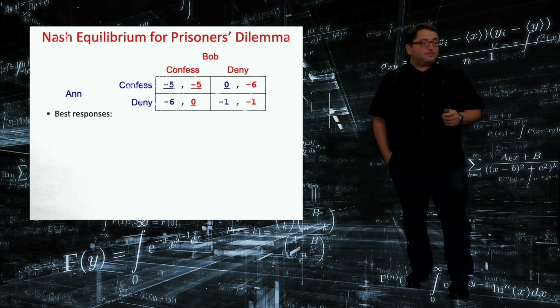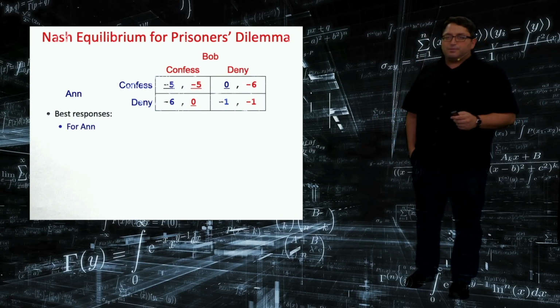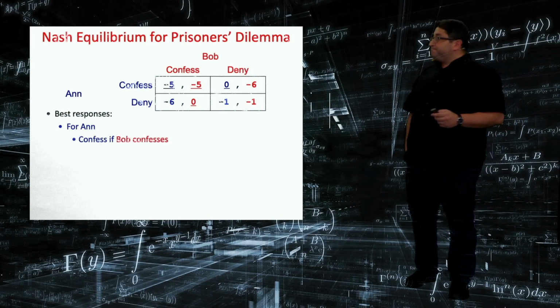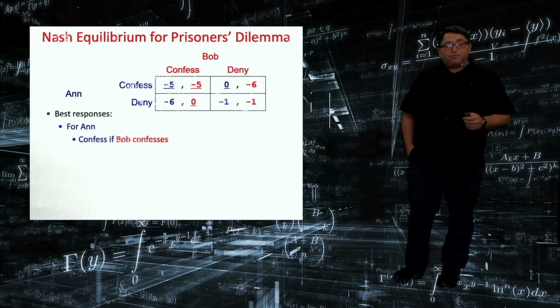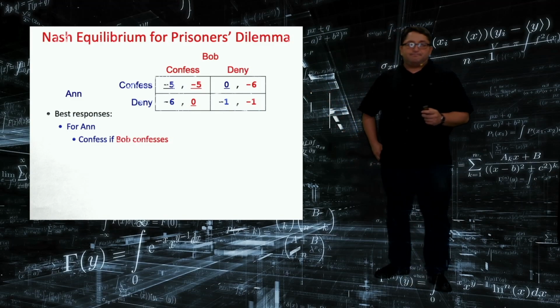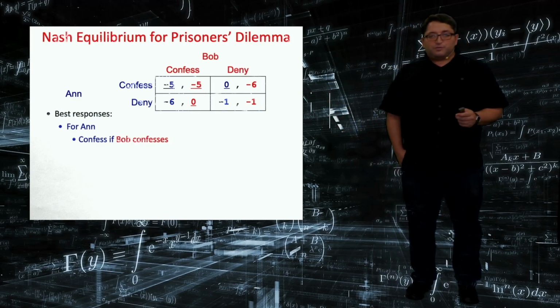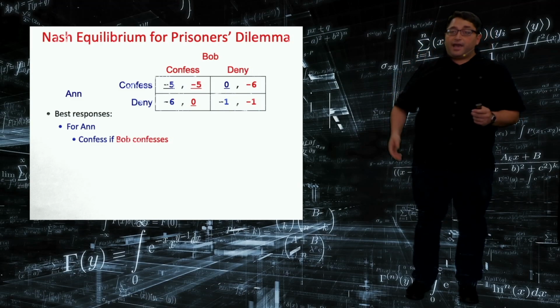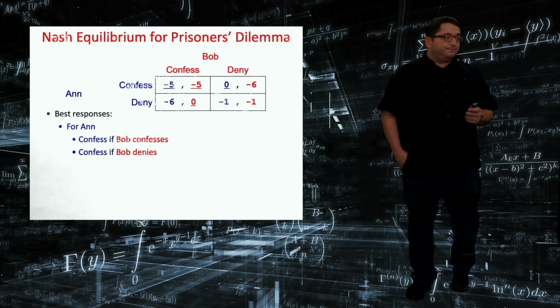We need to find best responses, starting with the first player. What's the best response if Bob confesses? Bob confesses, and Anne has two options, confess or not. Confess gives -5, and not confess gives -6. So the best response would be -5. If Bob confesses, Anne would confess too.